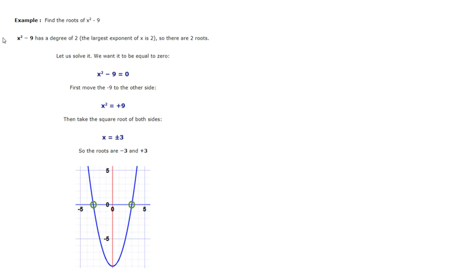So if we look up here, we've got the polynomial x squared minus 9. First thing we have to do when we're solving a polynomial, obviously, set it equal to 0. If we're going to find the 0, we're going to find the roots. That means we're going to find when this is equal to 0. So we'll start by setting it equal to 0. Now, simple algebra takes over.